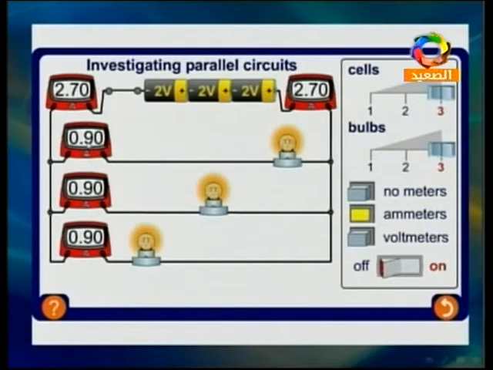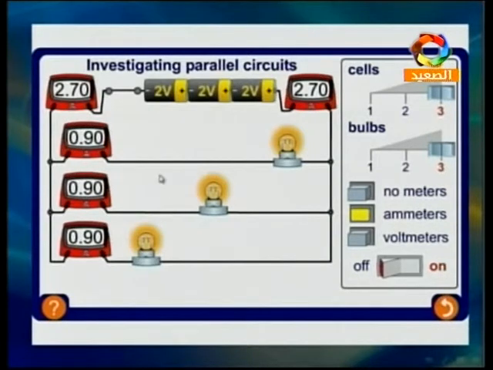Here we have many of these readings. Here we have 2.7, the total one. So this is the distribution of each part of this 2.7. We have 0.9 in the first one, 0.9 in the second one, 0.9 in the third lamp here.